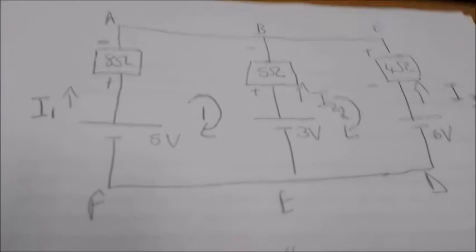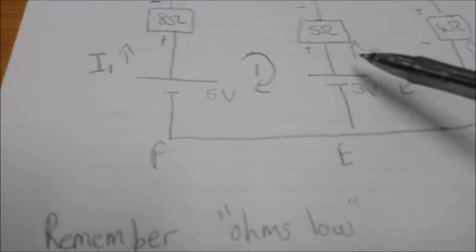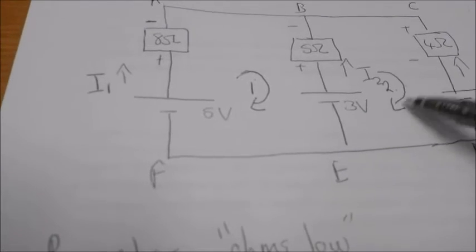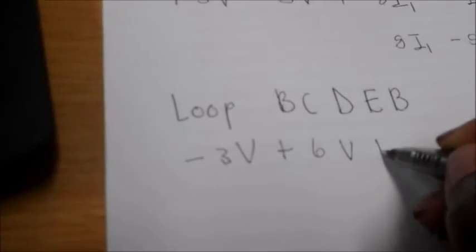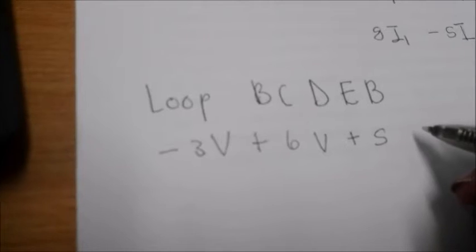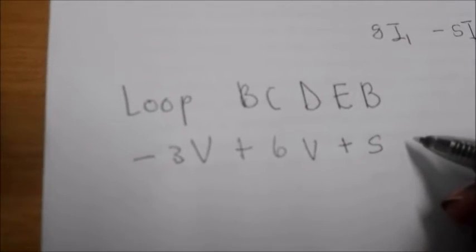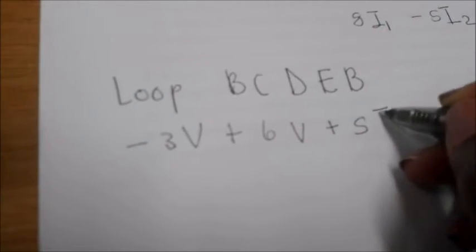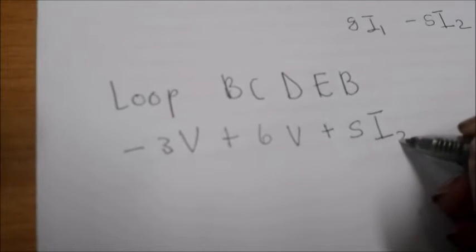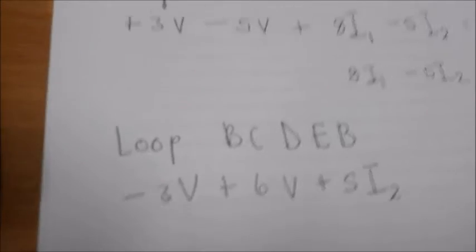Thereafter, we now can look at the resistors. The first resistor we have is the 5 ohms, and this current 2 enters it in the positive direction. So we say plus 5, and we say the product of the resistor times the current, and the current is I2.